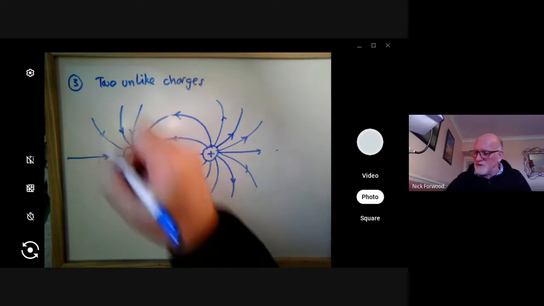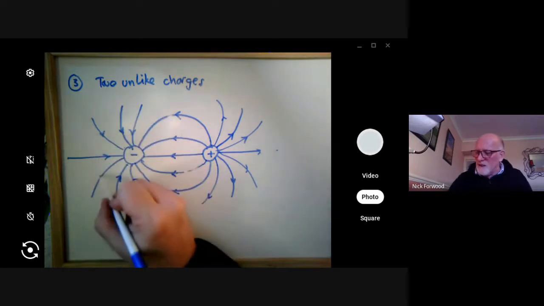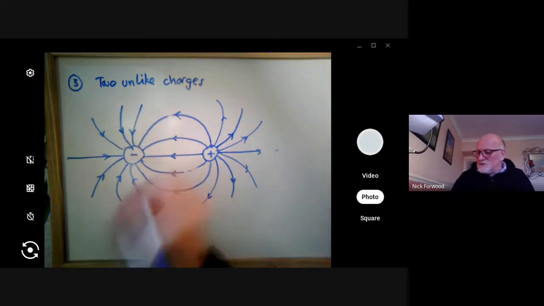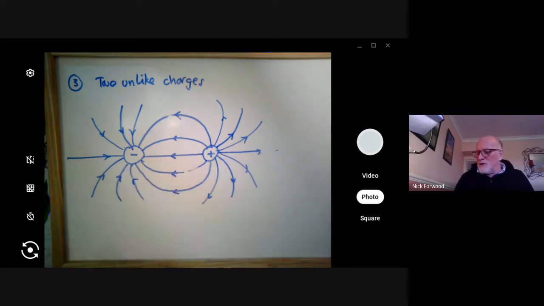I find it easier actually to draw them coming out, but remember you need to have the arrows that show that they're going in. Okay, so there is our field line pattern with the directions of the field put on for 2 unlike charges. So that's drawing number 3.